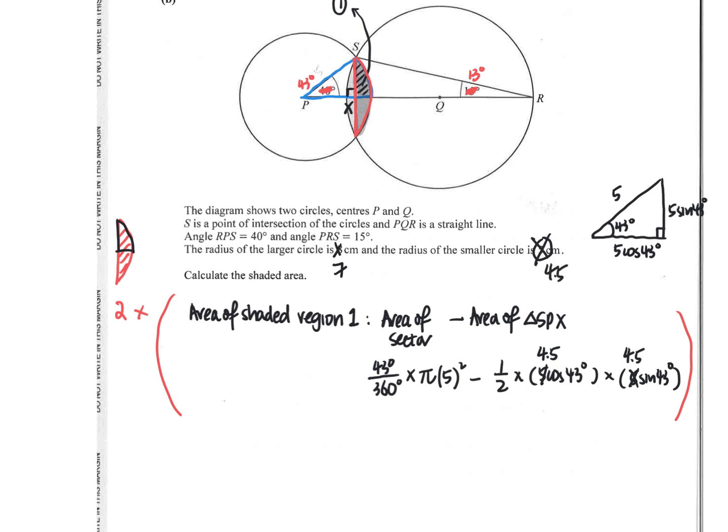Okay? Then you repeat the same old thing for the other side. So the other side is the same thing. You want this piece, but you need to go and find this one. Okay? So again, area of sector is 13 over 360 times pi r squared.